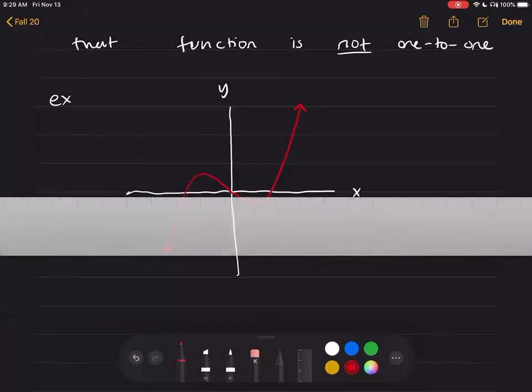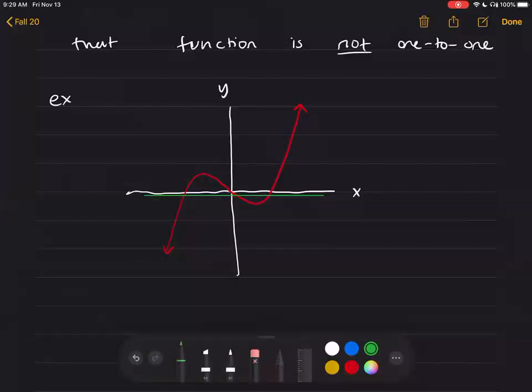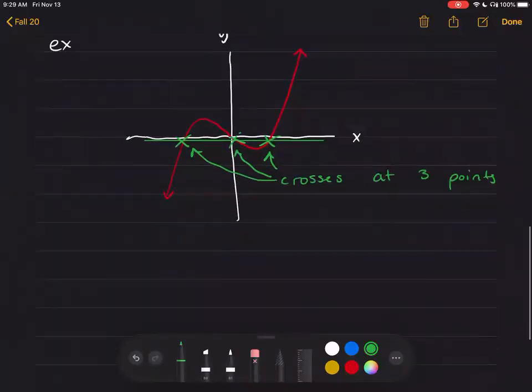And then bam, oof. Suddenly, if we look at this horizontal line here, we cross not only at more than one point, we cross at 3 different points. That one, that one, that one. And so this one is not one-to-one.